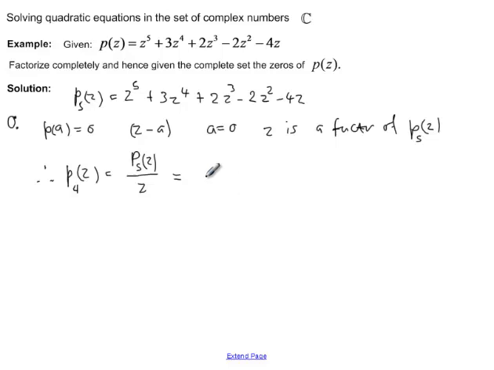So that's what I'm doing there. So what I'm getting here is z to the power 4 plus 3z to the power 3 plus 2z to the power 2 minus 2z minus 4.